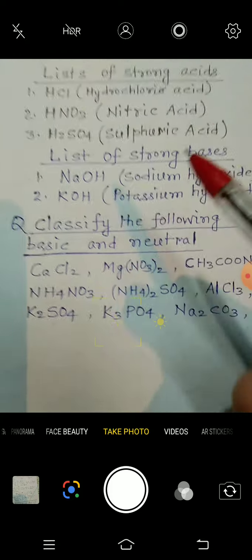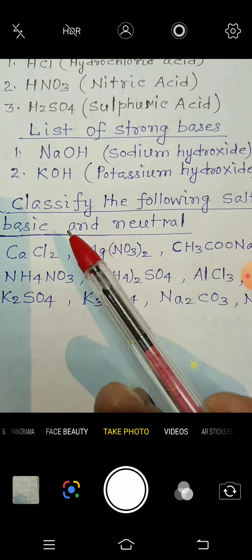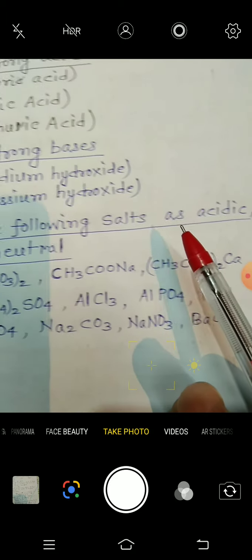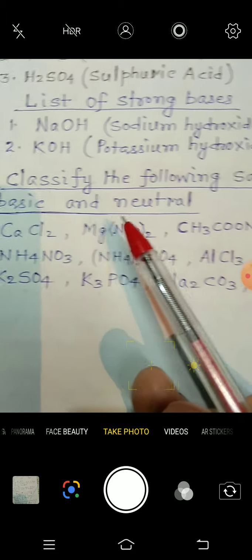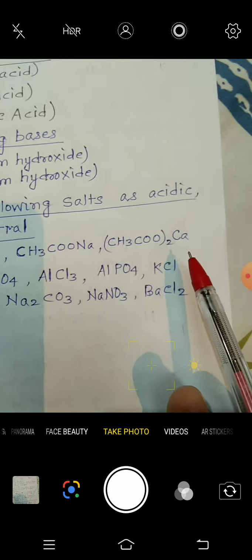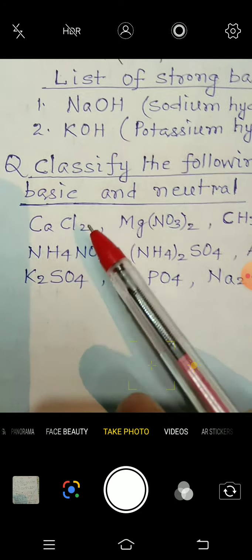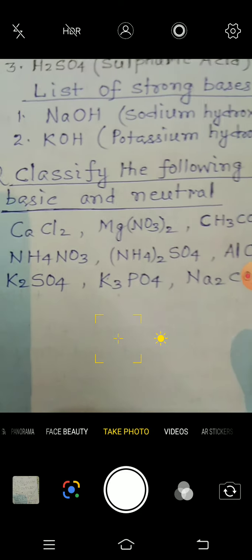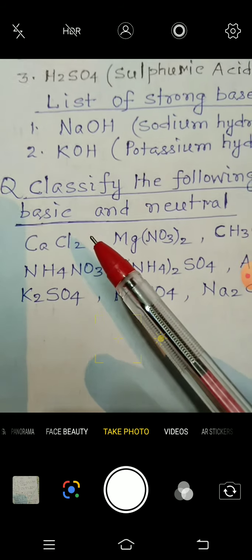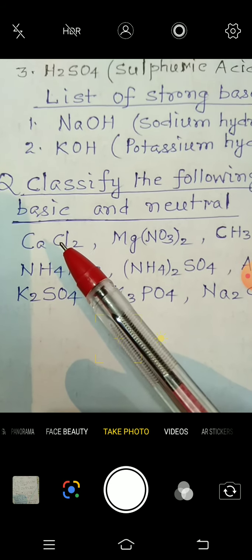Now on the basis of this concept, I am giving you some problems to classify the following salts as acidic, basic and neutral. For this you will make 3 columns: acidic salt, basic salt and neutral salt, and you have to put the salts in those columns and send it to my personal WhatsApp number.